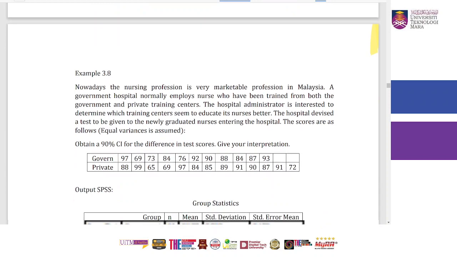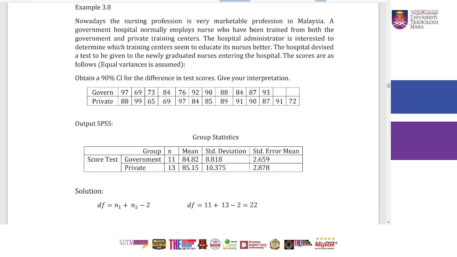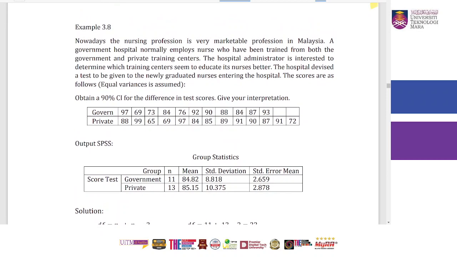Okay. As an example, so just look at this one. Okay, di sini dia bagi kat sini. So let's see this one. Okay, it says here, example 3.8, nowadays the nursing profession is very marketable profession in Malaysia.